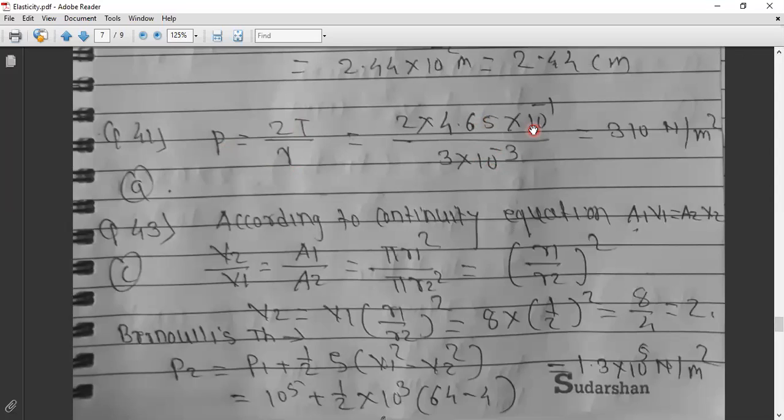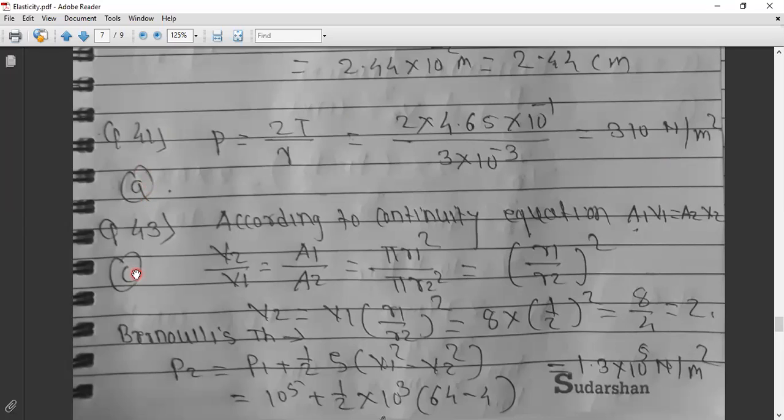So surface tension is 4.65 into 10 raised to power minus 1. Put the values, and we get the excess pressure as 310 Newton per meter square. So for question number 41, the correct option is option number E.